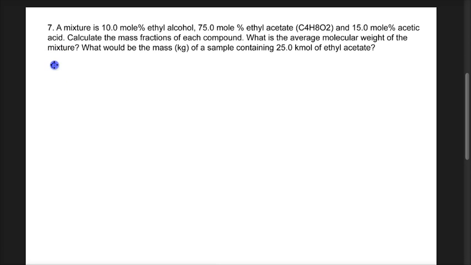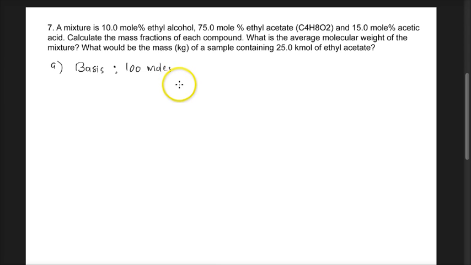So part A is calculate the mass fraction of each compound. The question gives us the mole percent of a mixture, and so we have to convert it to the mass fraction. So percent of mole to the percent of weight. So let's choose a basis. Let's choose a basis of 100 moles of mixture.